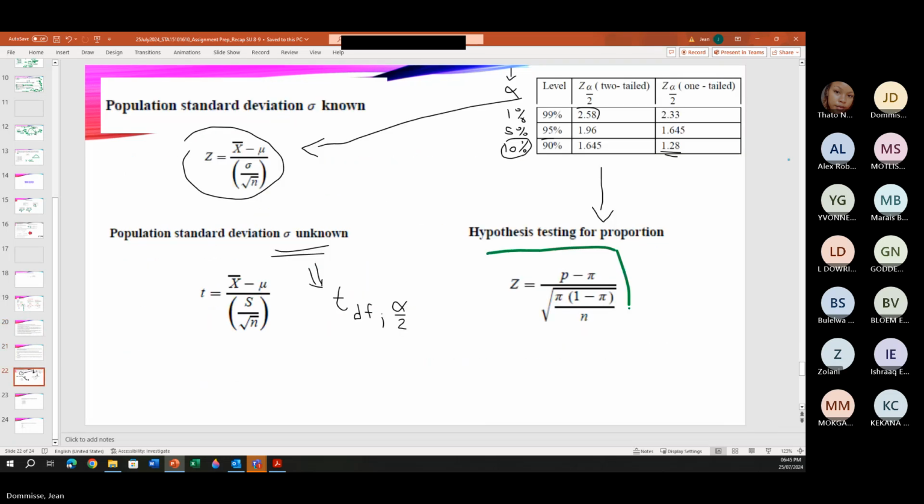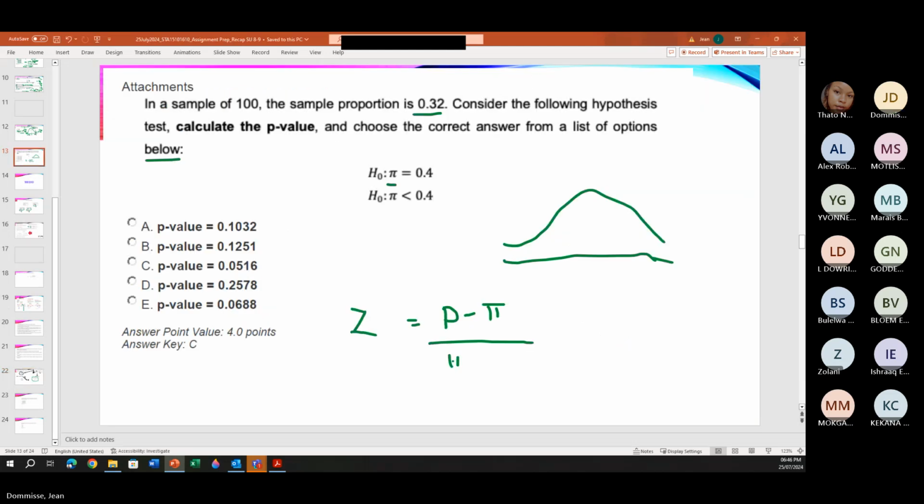Okay, so I'm going to use that for the hypothesis testing for proportion. So again, you can see it's not always that we need to remember the formulas. We can use the information at hand. And divide it by n and square root of that.